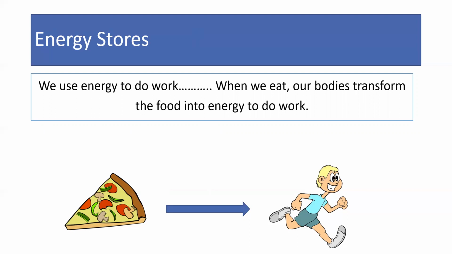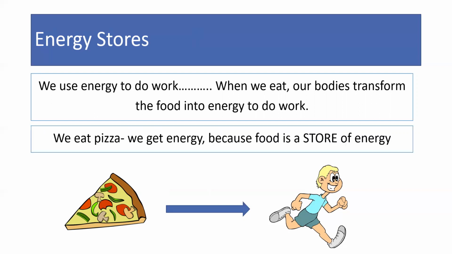So we use energy to do work. When we eat, our body transforms the food into energy to do work. We eat pizza, we get the energy from the pizza. The food is a store of energy. So the pizza stores chemical energy.